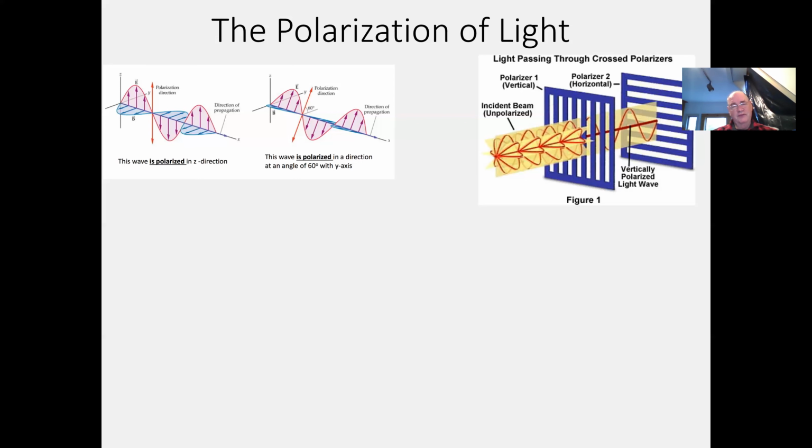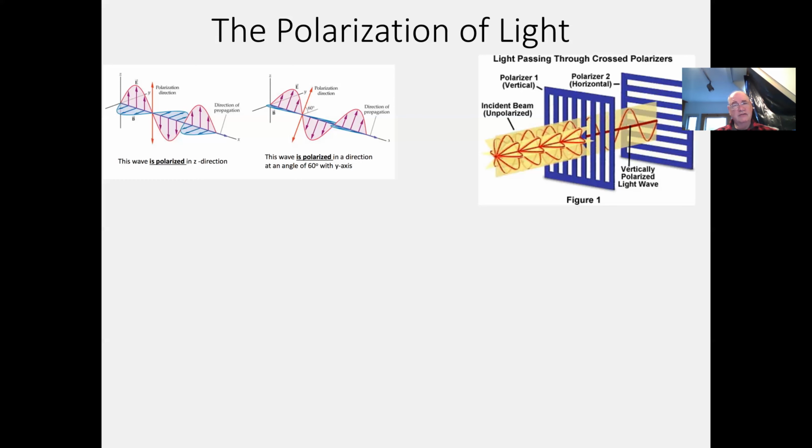The polarized light, which is only now oscillating in a vertical direction after coming through the first filter, you can block out with just one filter, which doesn't allow that particular orientation to get through. And so what you'll see on the other side is complete darkness. It's a very nice high school presentation that's always done.